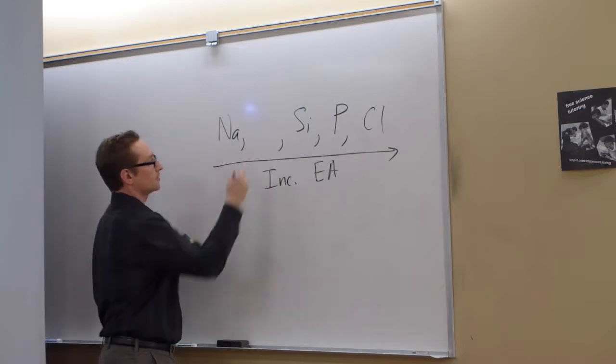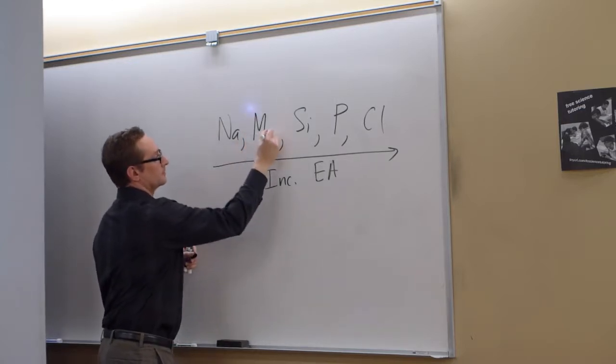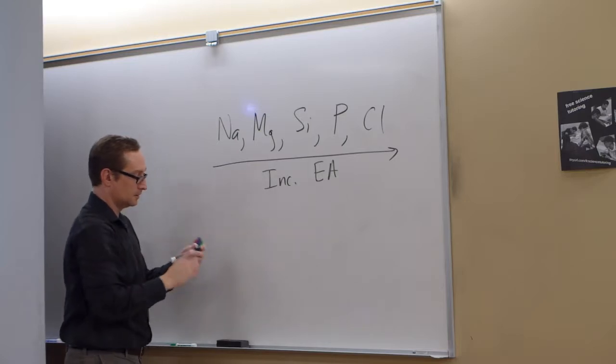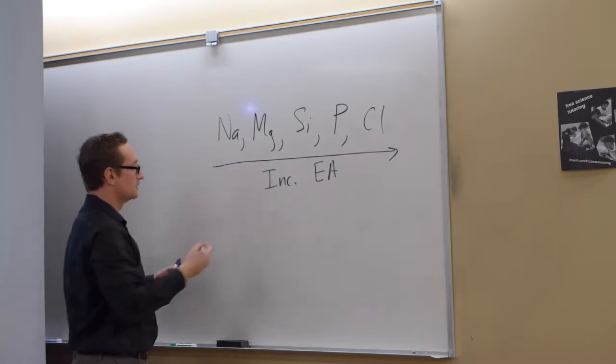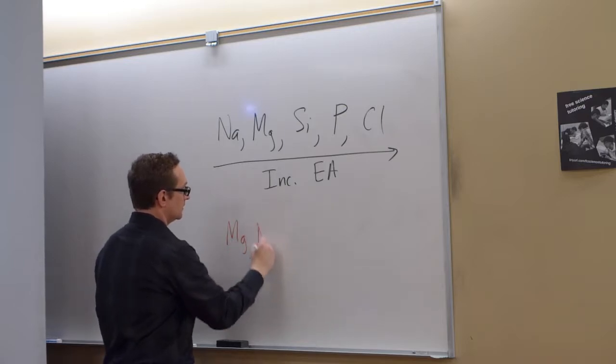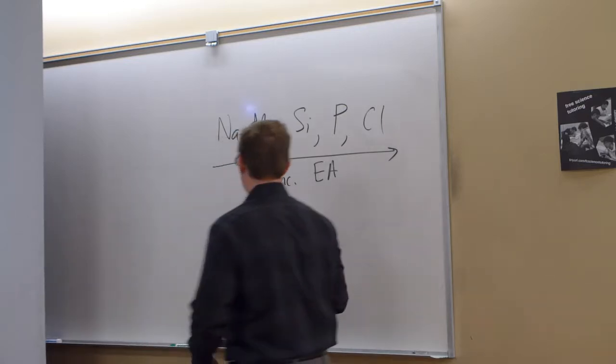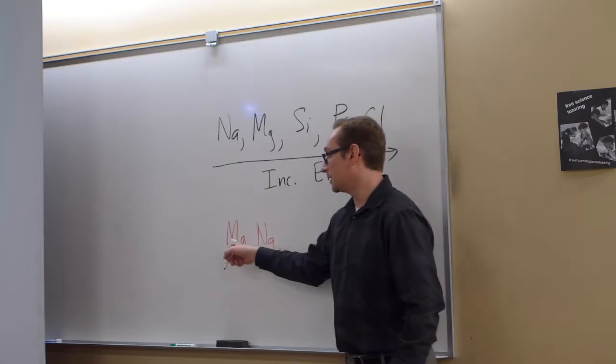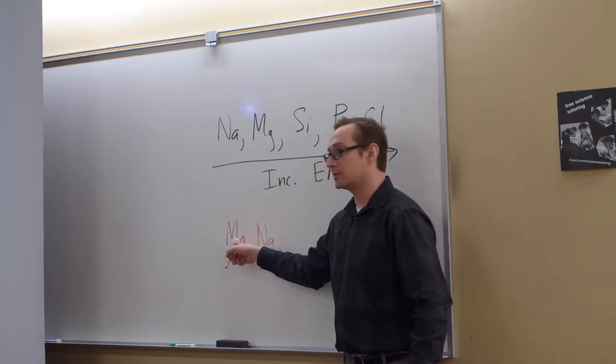Let me just rewrite the order down here. We got to reverse these two because, again, less energy will be released when we add an electron to magnesium.